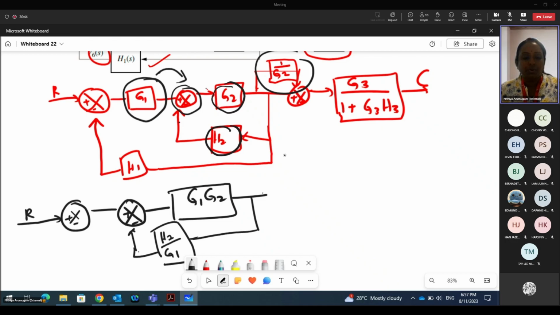Now I'm going to simplify this feedback and this block diagram. So how to simplify that? It's almost like a parallel combination, so it's going to be 1 over G2 plus 1.